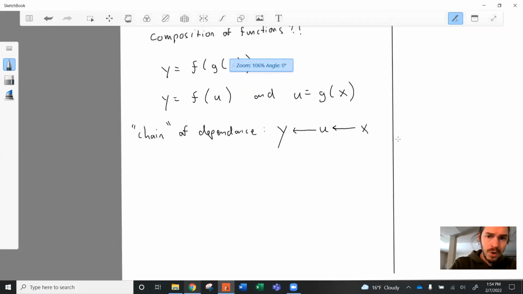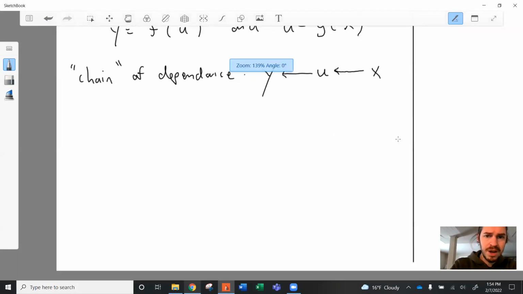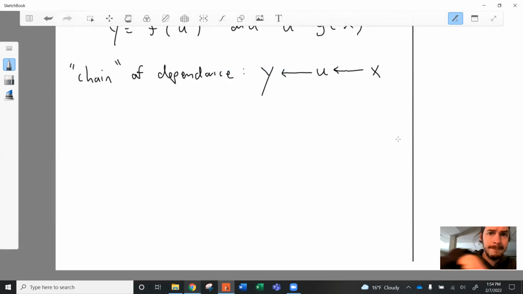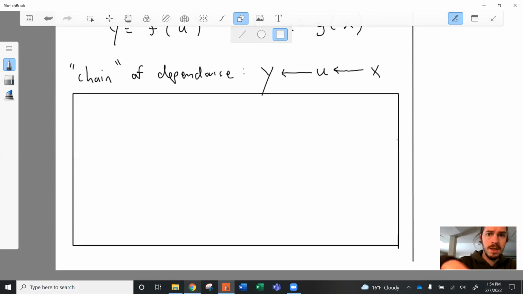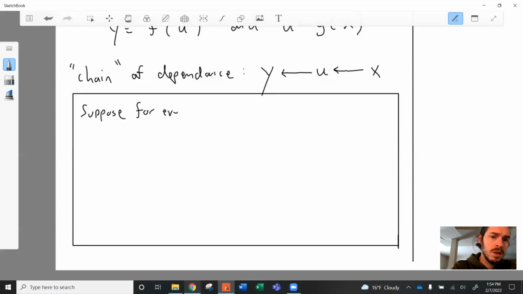Now, we're going to imagine a hypothetical scenario. Let's go into a thought bubble. Let's imagine, I'll use the word suppose. Suppose that for every change of one variable, one unit, let's call it an increase.